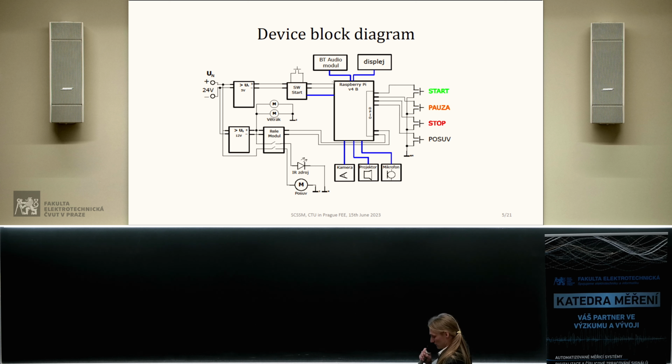The main is the start device button, and 3 buttons for controlling the program: start, stop, and pause. And the last button is for displacing the paper. I can roll the paper because I would like to reduce the bullet strike effect if I have 2 bullet holes very close together.